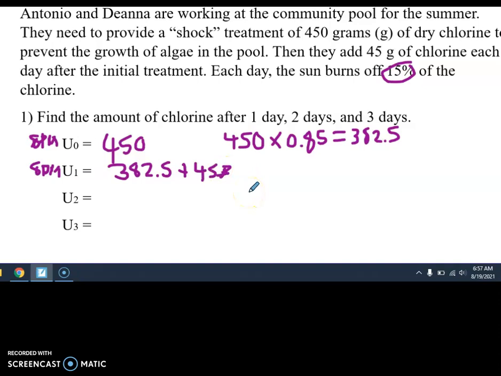So if I add 45 to that, we're going to end up with 427.5 grams.